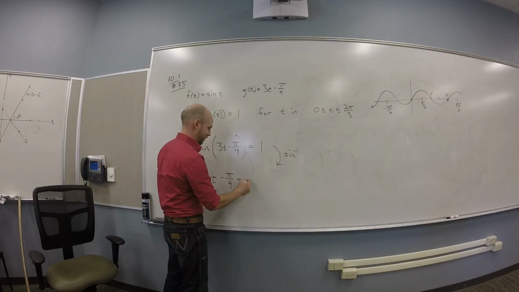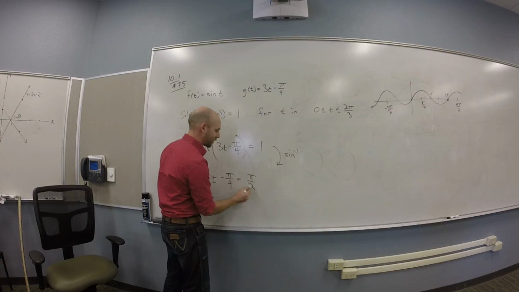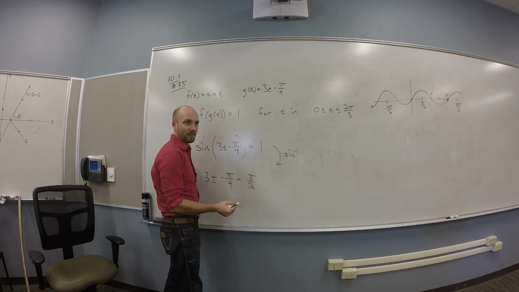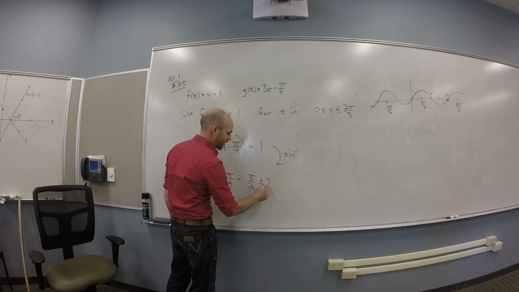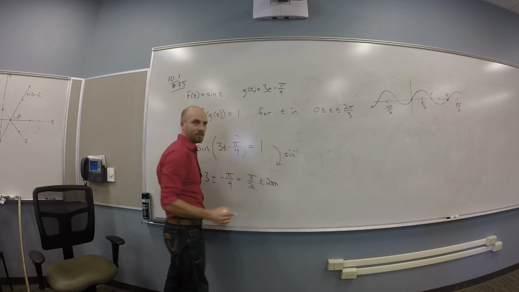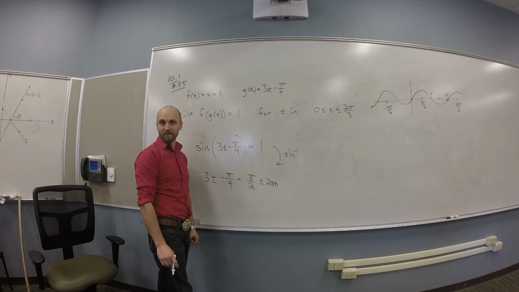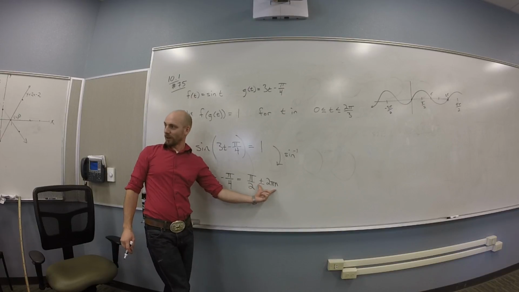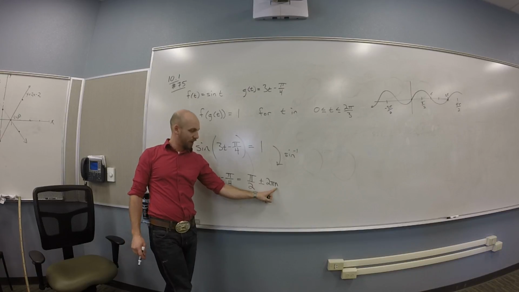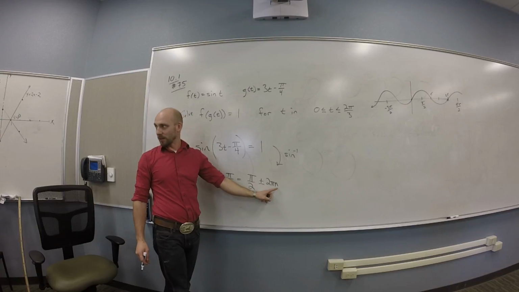So what do I put here? Something like pi over 2, and then I want plus or minus some kind of 2 pi thing. That's the extra thing, my plus or minus. That's 2 pi n, because I'm not sure how many 2 pi's I need.